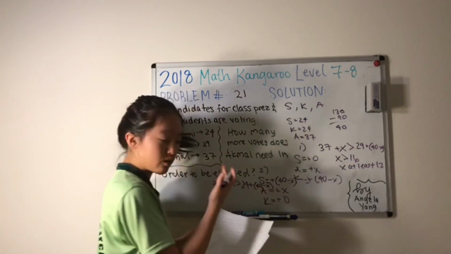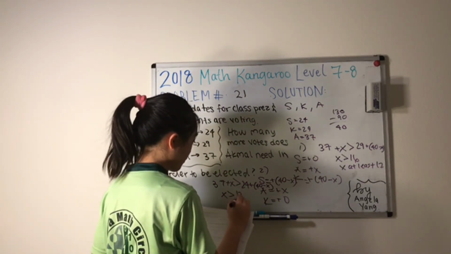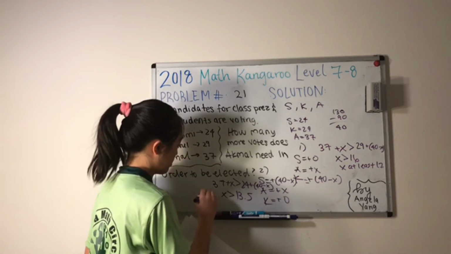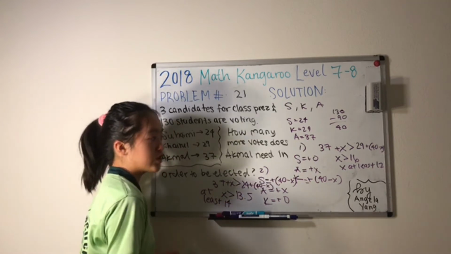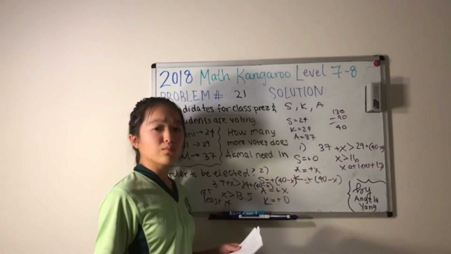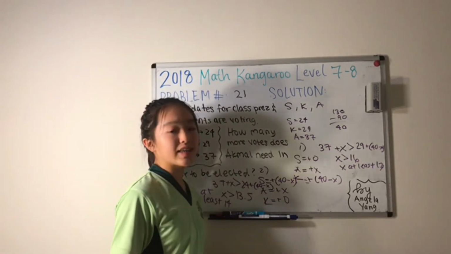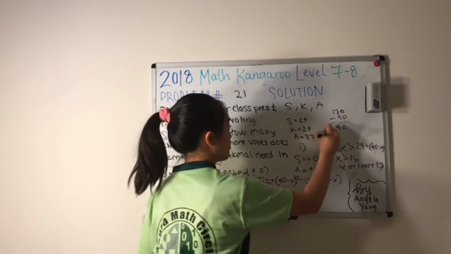And we would end up with x is greater than 13.5. So x will have to be at least 14. Now we take the greatest number, which is 17. So that means that in order for Akmal to be guaranteed a win, he must get 17 more votes, which gives us the answer of letter E.